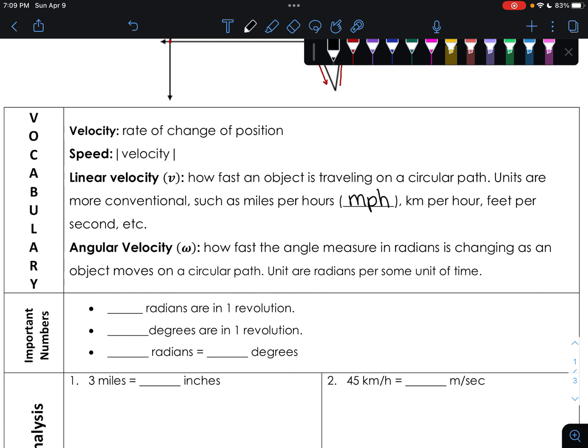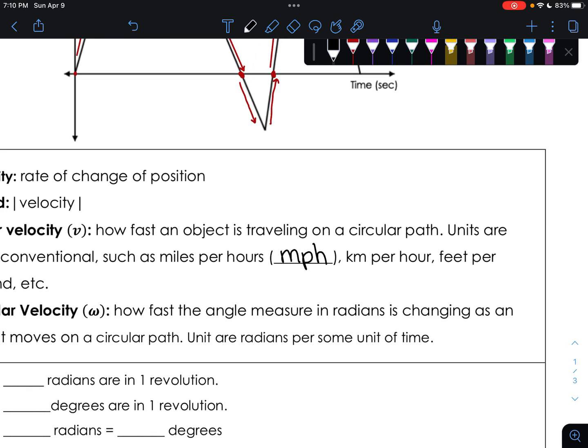We have kilometers per hour, feet per second, etc., anything like that. Then we have our angular velocity, how fast an angle measure in radians is changing as an object moves on a circular path. These units are radians per some unit of time. So radians per second, radians per minute, radians per hour.